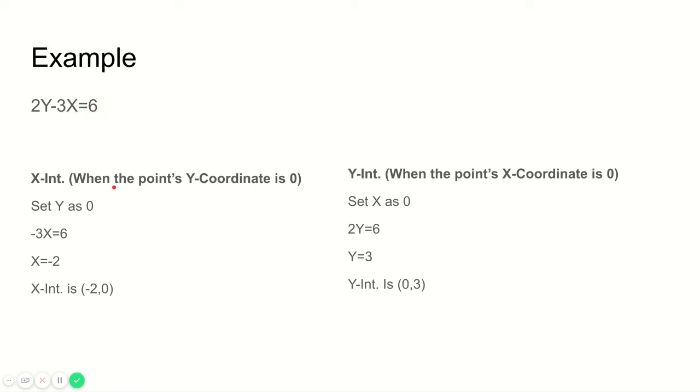And this time, it's easier if you leave the 6 on the other side, when you can just easily get x equals negative 2. Therefore, when the y value is 0, you get negative 2. So the x-intercept is negative 2, 0. For the y-intercept, it's the same process where you set x to 0, and this time you get y equals 3. So therefore, the x value is 0 and the y value is 3.